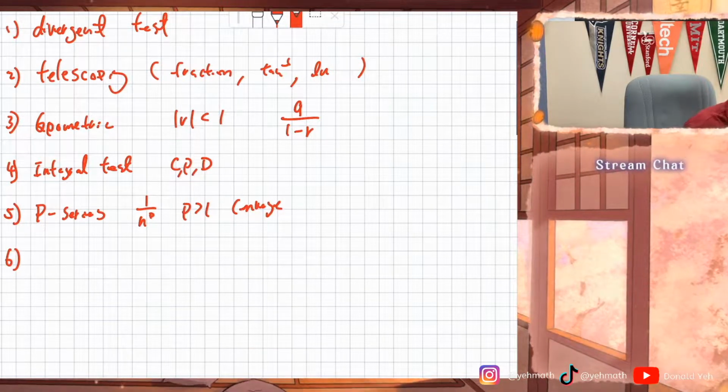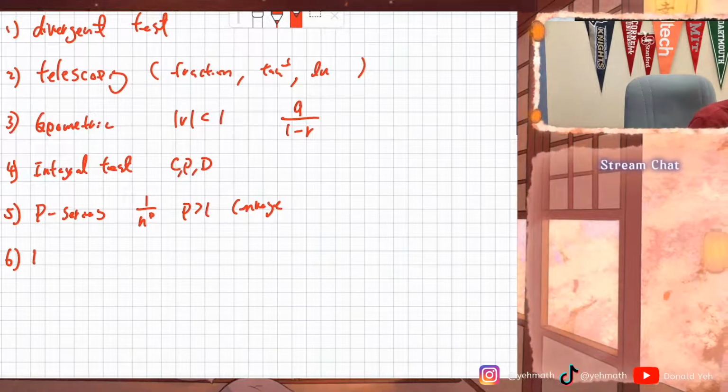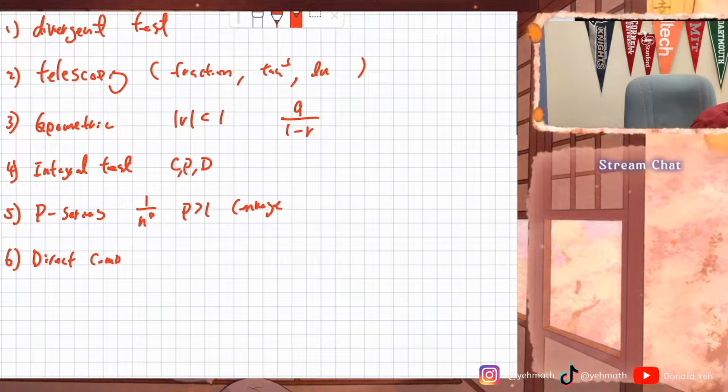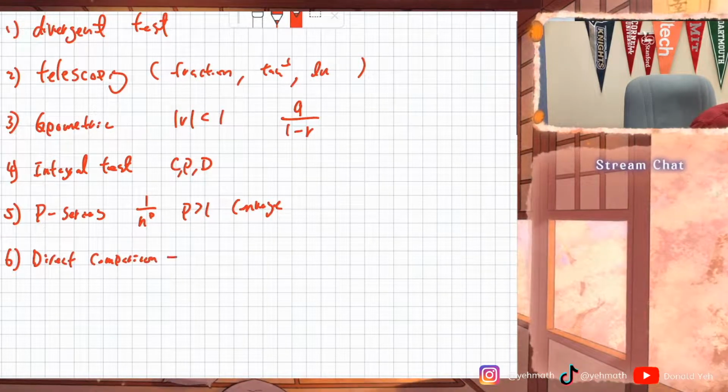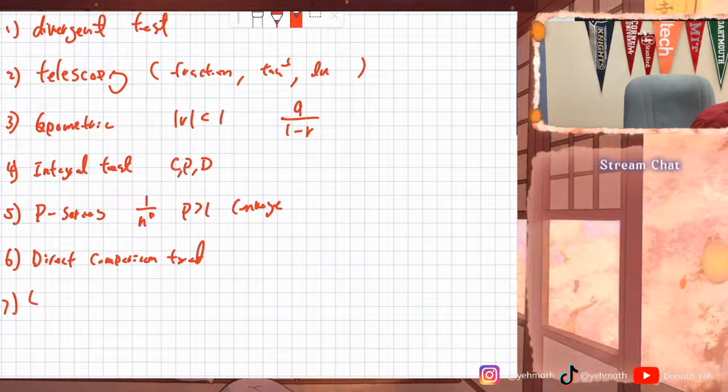6. What are the tests right now? Direct comparison test. 7. Limit comparison test.